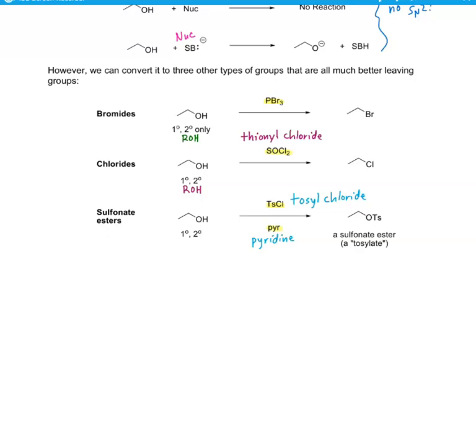We'll look at the structures and the details of this shortly. The result is going to be what's called a sulfonate ester, or sometimes people call this a tosylate. And right here, OTs is your leaving group.